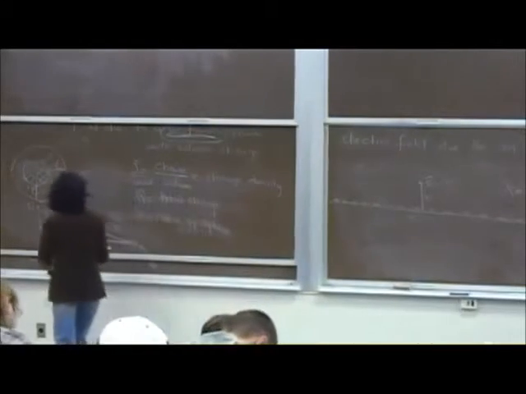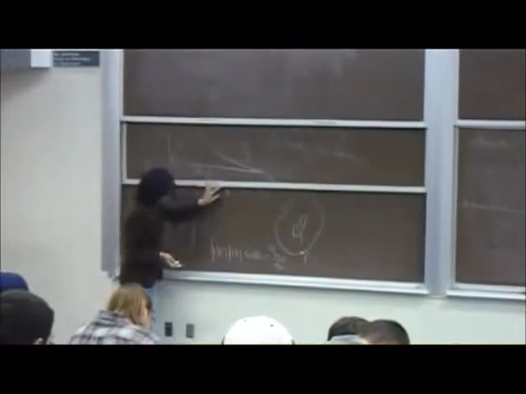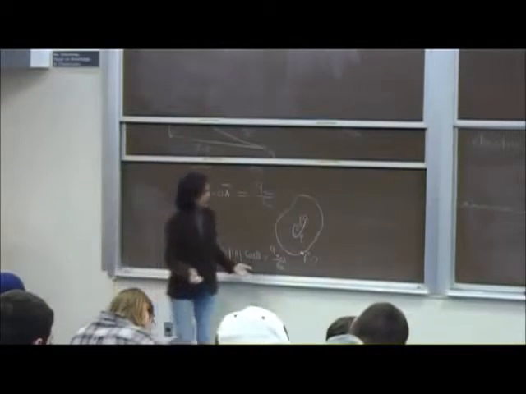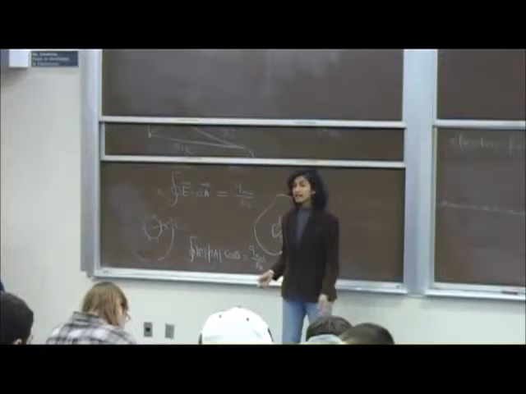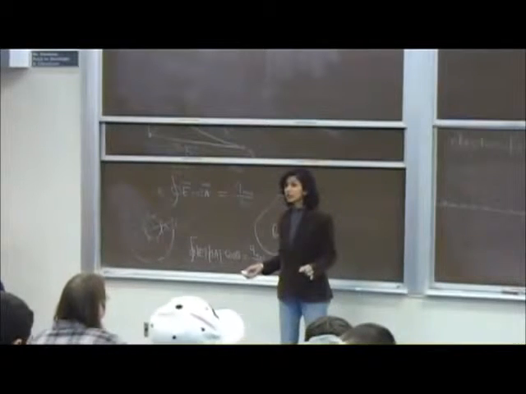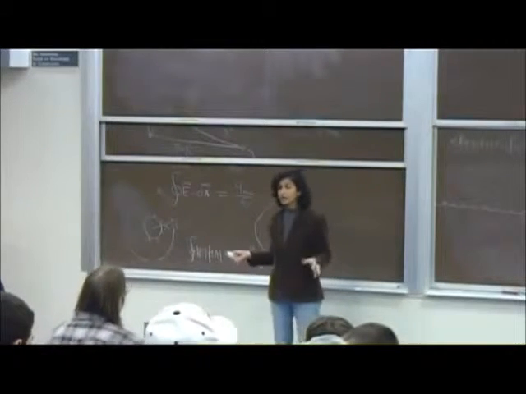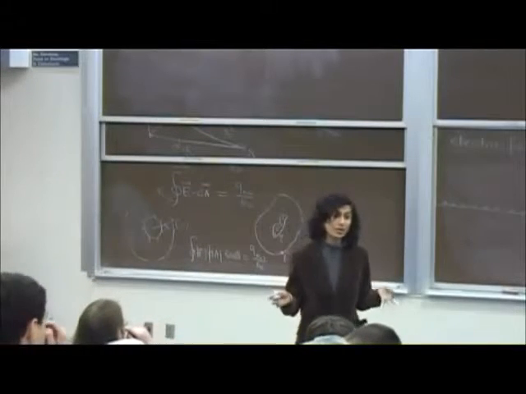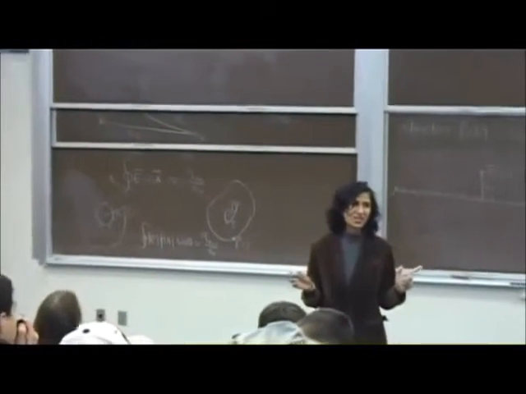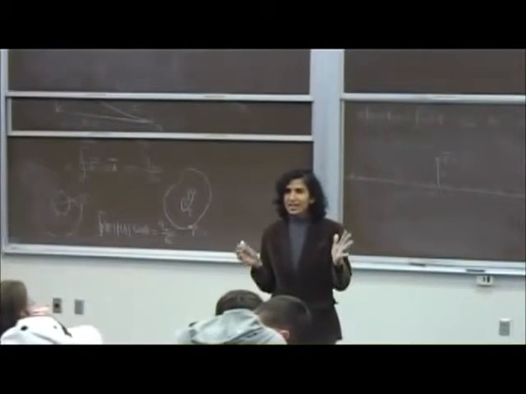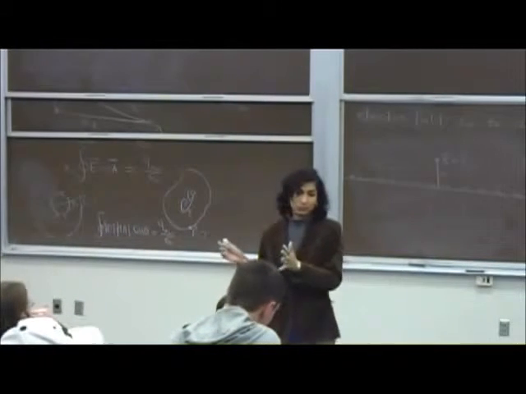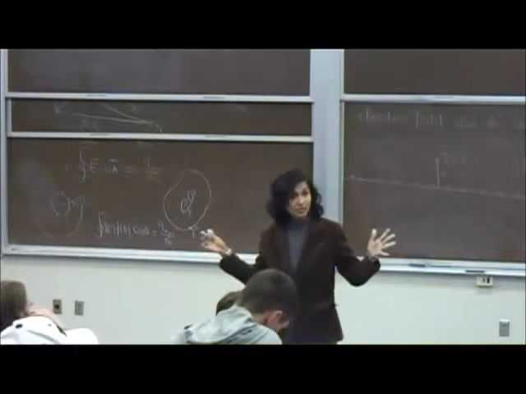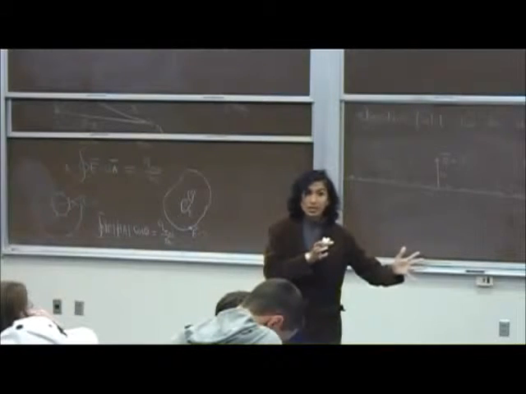So we want to be able to use Gauss's law. The question is, can we use it? The point is, we need to be careful in choosing our Gaussian surface, our closed imaginary surface, because we want to choose it such that we can say the electric field is constant in magnitude everywhere, at least on most of the surface, so that we can pull this out.